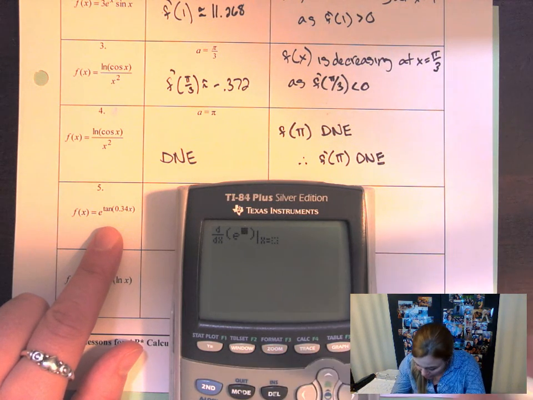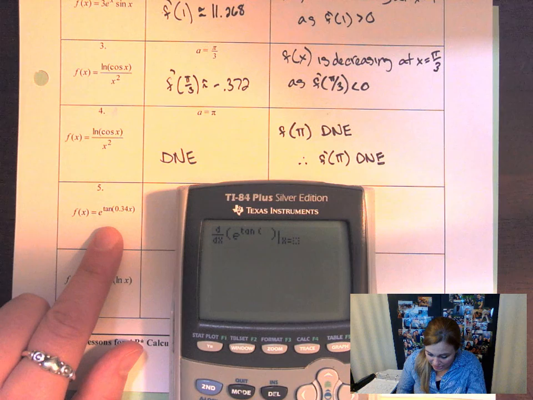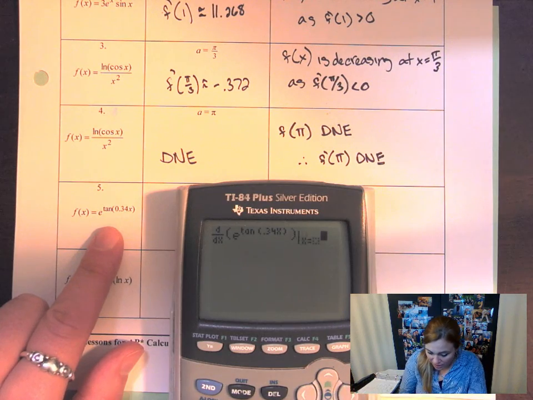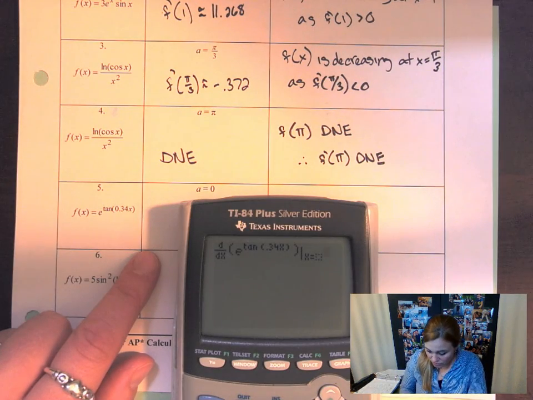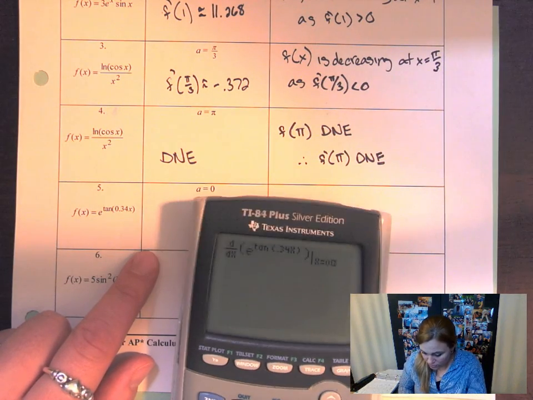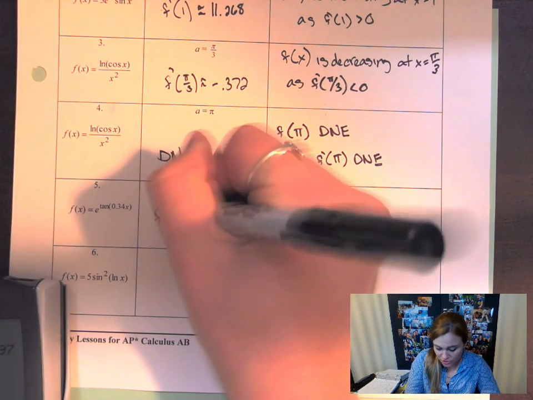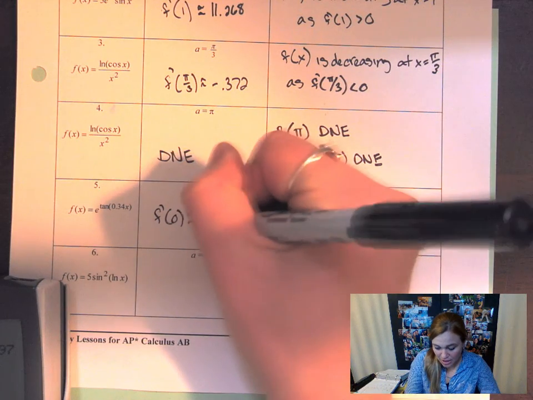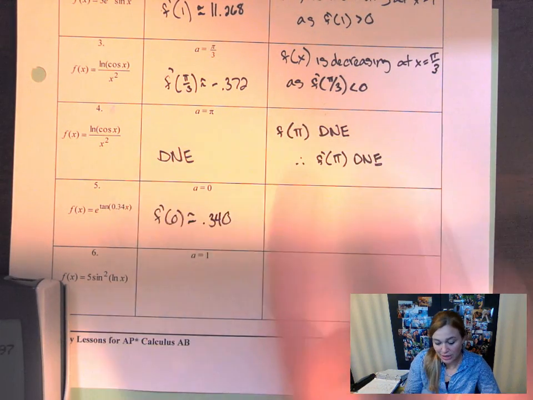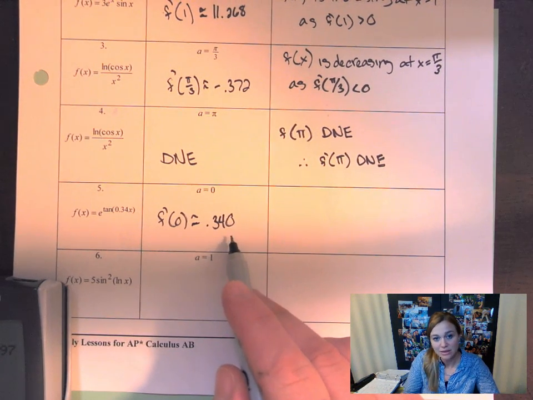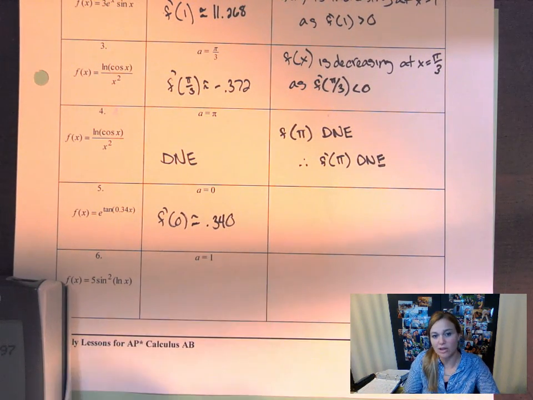Which, if you were substituting this in, oh wait, there it is, tangent of 0.34x, and I want this at x equals 0. f prime of 0 is approximately 0.340, and it's really important, even though that's the same thing as 0.34, write the 0 anyway, just so I know, because something's going on after the 0.